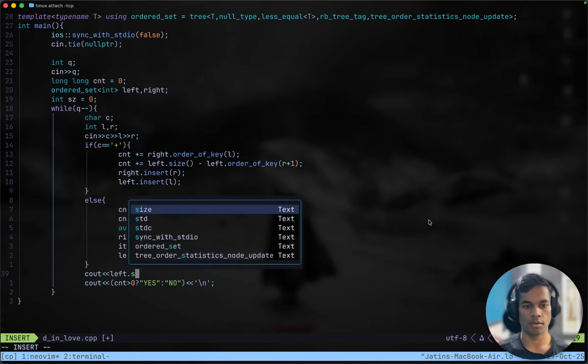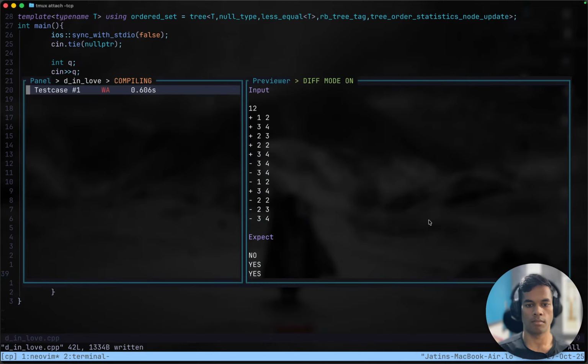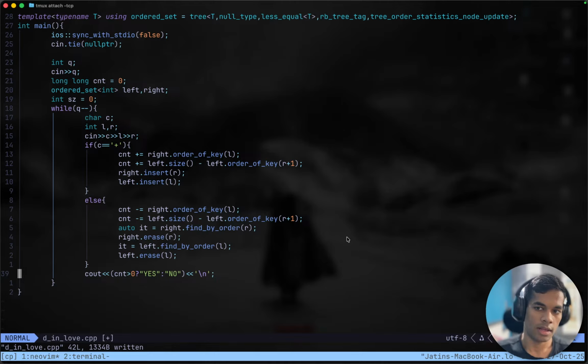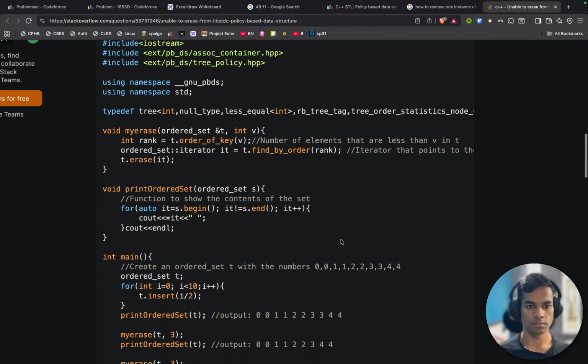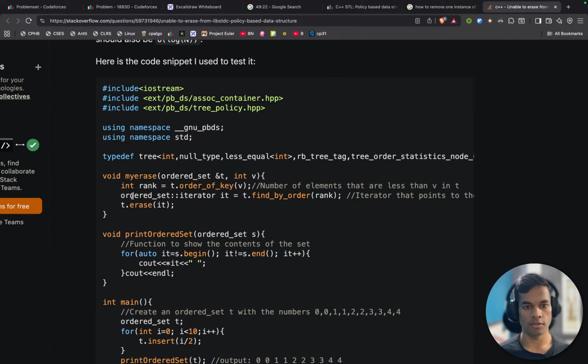Left dot... yeah, size is not decreasing, size is not decreasing, size is not decreasing. Why? My erase takes the number which we want to erase, and my erase rank gets the rank, the number of elements that are less than v, and then find by order.